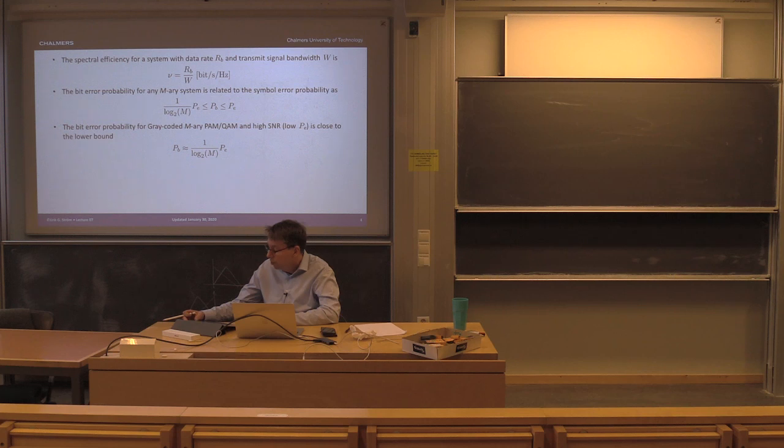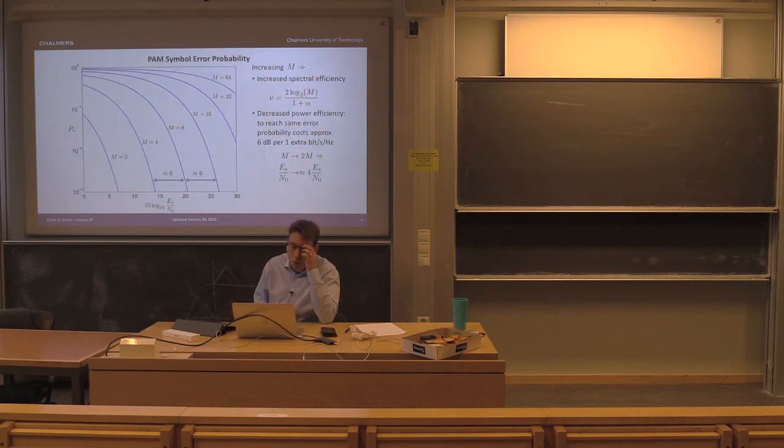So let's go on. If we want to compare different physical layers, this is one way of doing it. We plot the symbol error probability along this axis as a function of something which is proportional to the transmit power, in this case Es over N0.